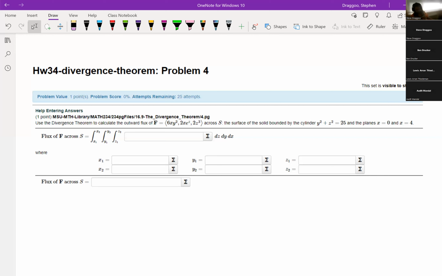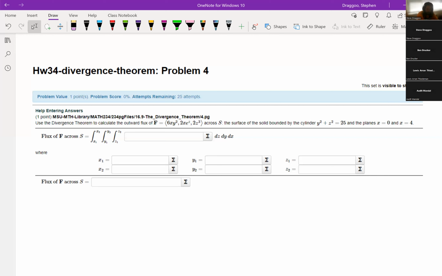So even though it sets up the triple integral for us, it was telling us to do a double integral. It's telling us that with its words. It says calculate the flux. That flux is a double integral through a surface, a surface integral. And we're going to change it over to a triple integral using the divergence theorem. That's my great plan here.